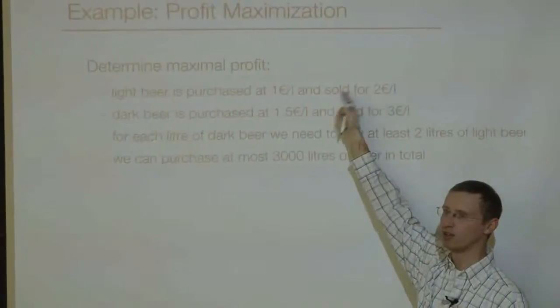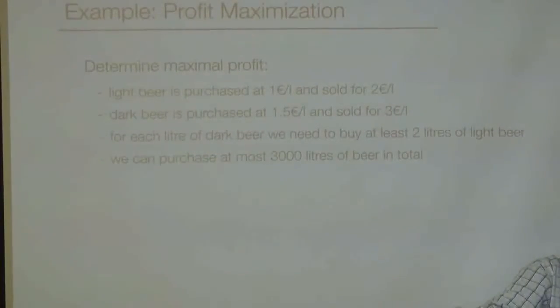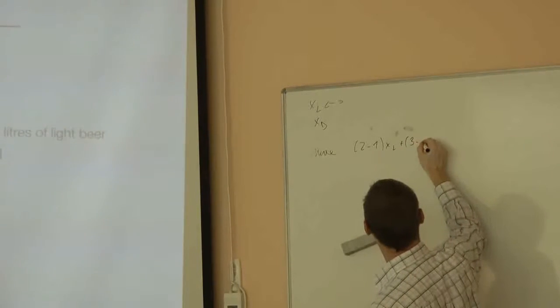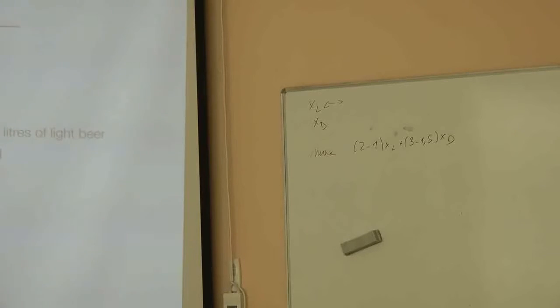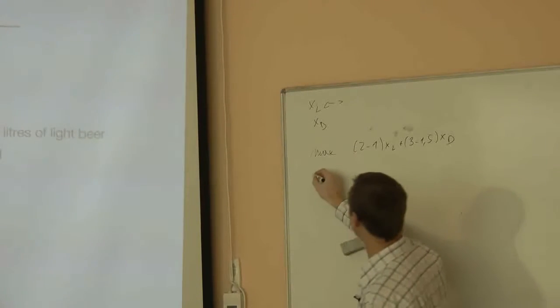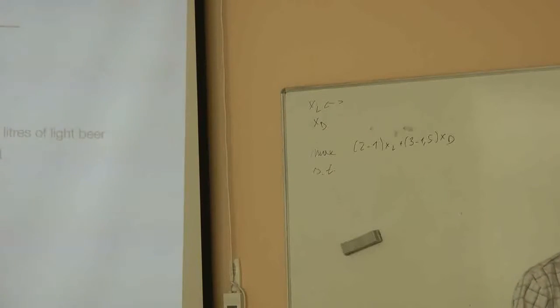So we are taking the difference of those two numbers and the difference of those two. Okay, so that's the profit for 1 liter of each beer. I would maybe even write it in a more illustrative way like this. Yeah, it's the same numbers. Even if you maximize 2 and 3, you should get the same x?